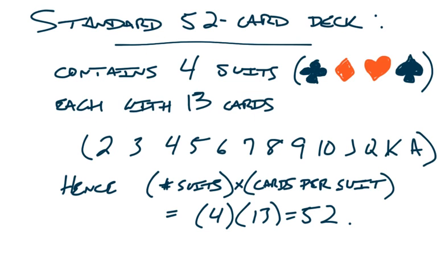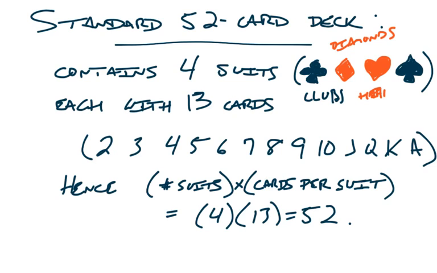Alright, so just so we're all on exactly the same page here, a standard 52 card deck contains 4 suits. I've drawn them crudely here. This one is clubs. This one is diamonds. This one is hearts.